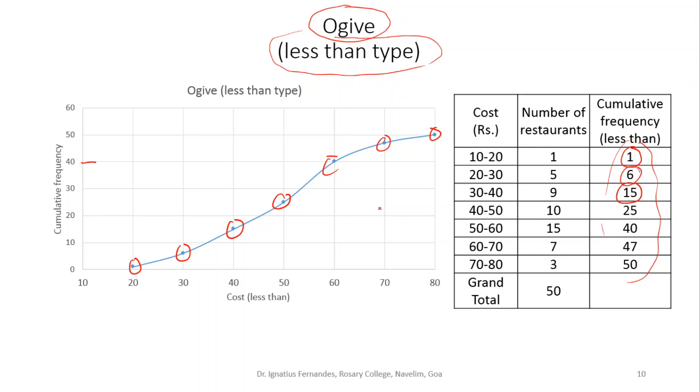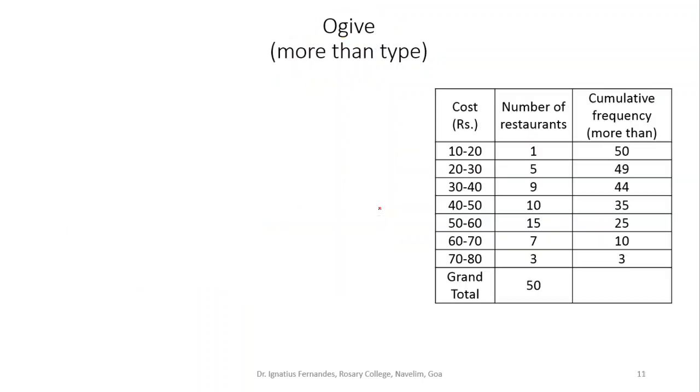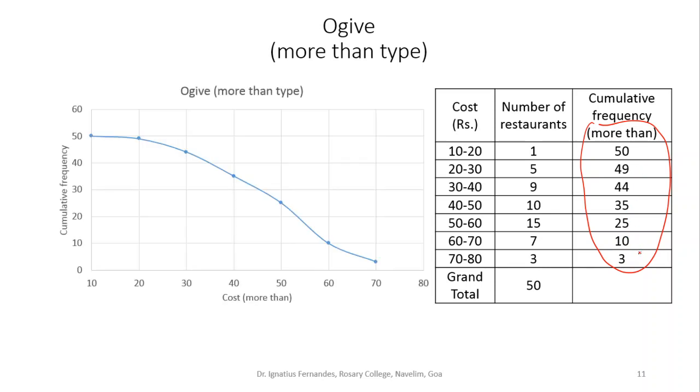So same like how I have a less than type ogive, I can also have a more than type ogive. So here I am looking at more than type frequencies. We talked about them in the previous slides. If I want to draw a frequency curve for this, then the frequency curve will look like this: 10 to 20, it is 50. The first value is 50.